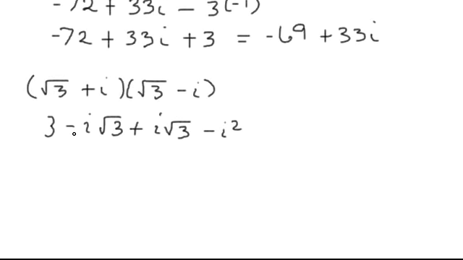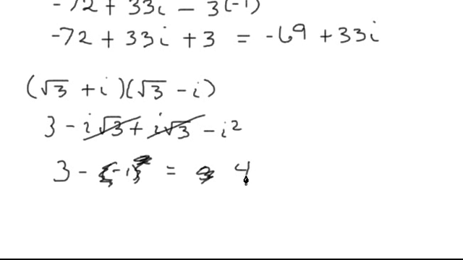And of course, those middle terms are going to cancel out. We have 3 minus i squared, and i squared is equal to negative 1, not negative 1 squared. Okay, 3 minus a negative 1 is 4. Boy, I about made a mistake there.